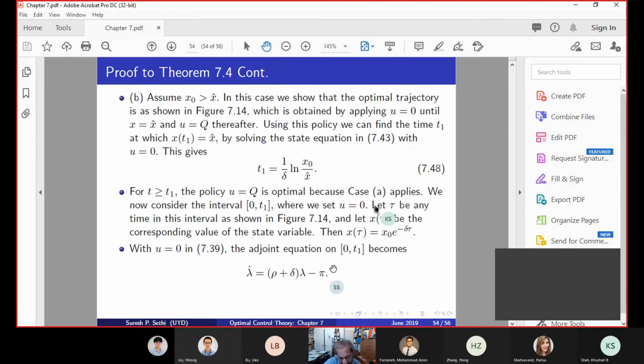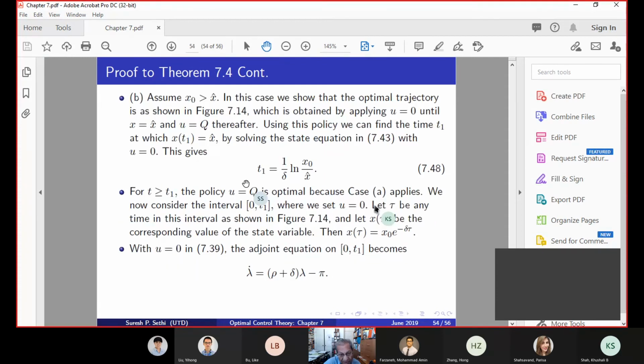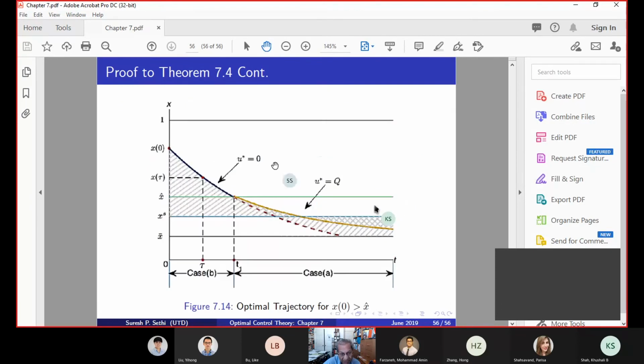I can solve lambda dot, and I need a lambda dot so that lambda T1 is exactly lambda bar. So I go backward. What I do is I have lambda T1 equal to lambda bar, and I go backward. Remember, at each point tau, between this point and this point, I know everything here.